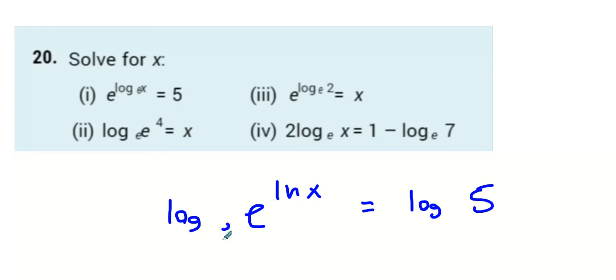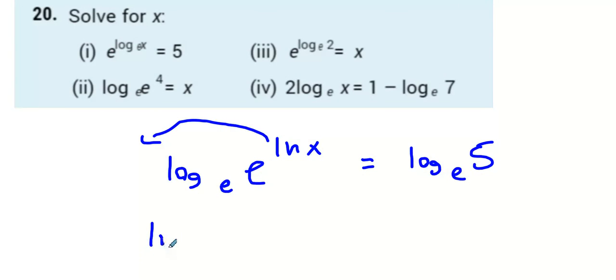Now, what does that effectively do to the power? What does that do to ln x? It's a power. What's the power rule of logs? What do you do with the power when you're using logs? Bring it to the front. So what am I going to do with that ln x? And next, what is log e base e?